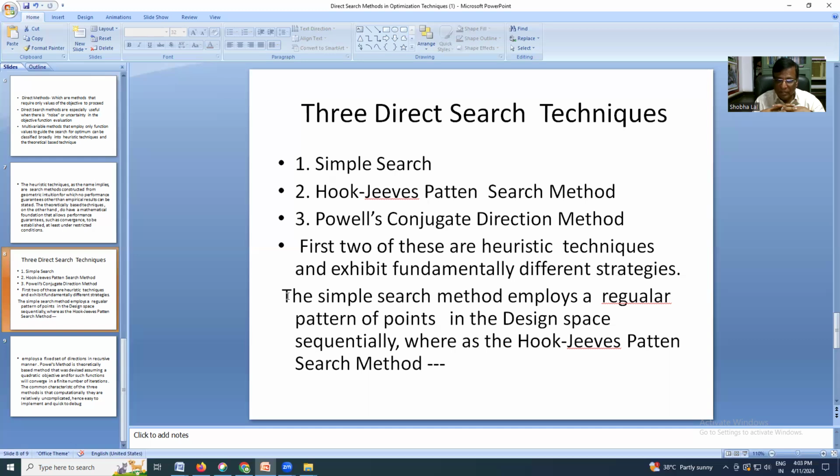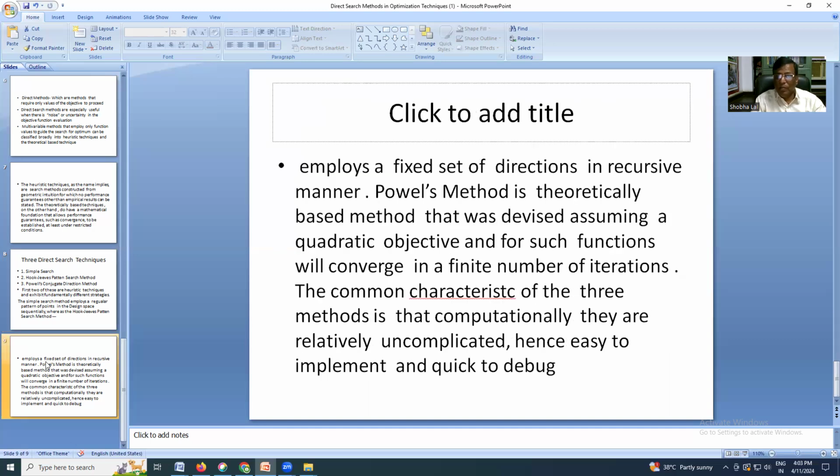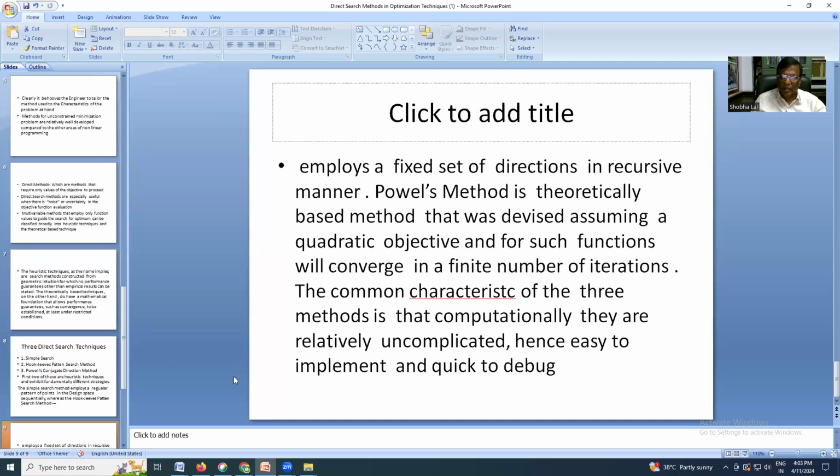So the Hooke's Jeeves pattern search method implies a fixed set of directions in a recursive manner. I hope it is clear. Whereas the third and the last search method, that is Powell's method, is a theoretically based method that was devised assuming a quadratic objective function.